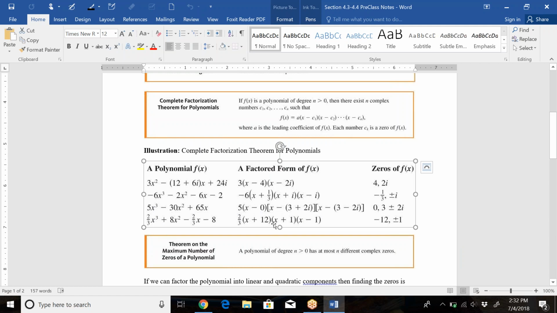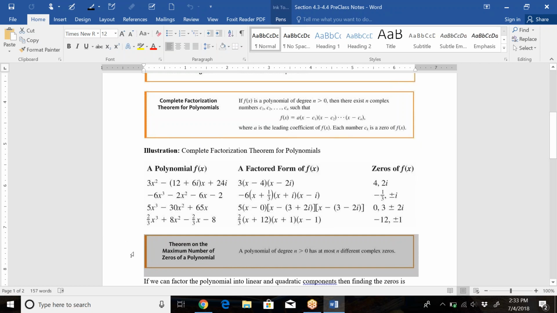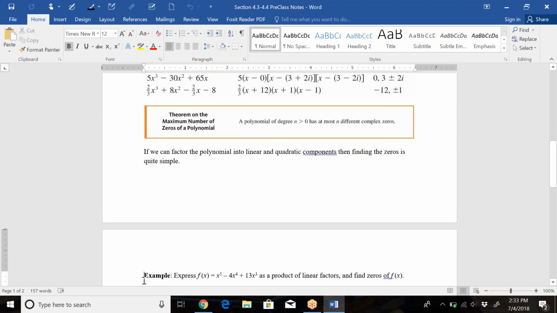And then here's one that factors over just real numbers. So what we're going to show you, and we're going to do some easy ones, is just how to break it down, first of all, using real numbers only, and then we'll do one with all complex and real numbers. So you can have at most the number of your degree different complex zeros.